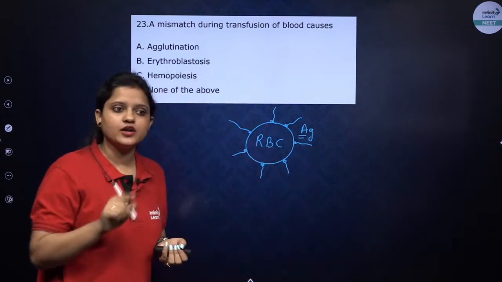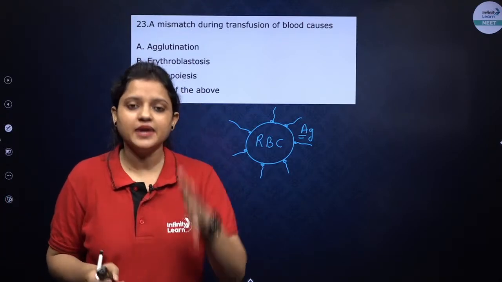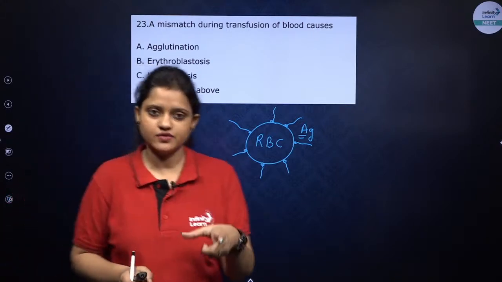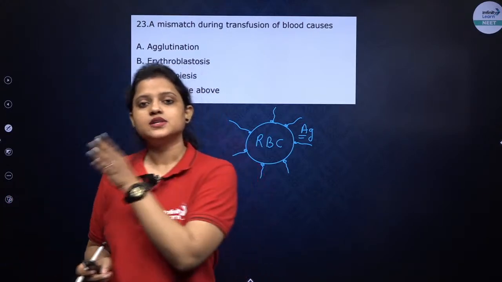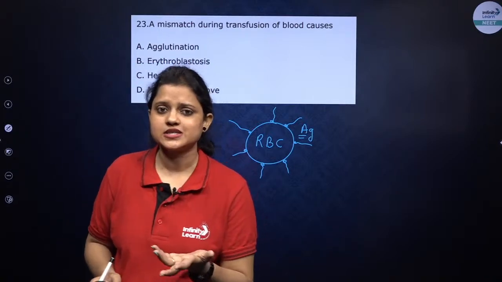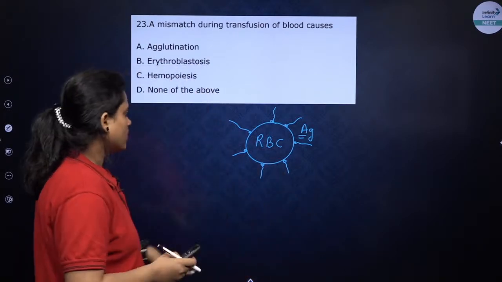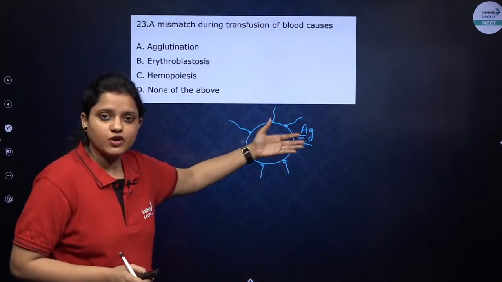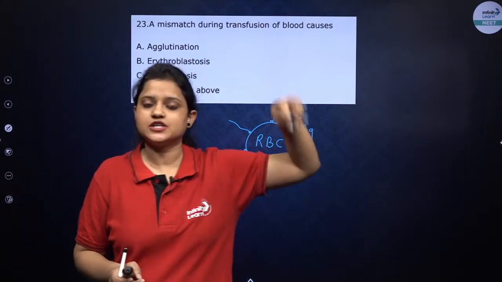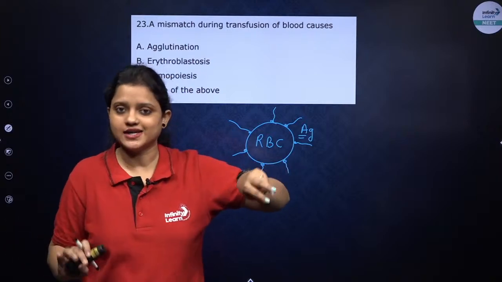We know if the blood group is B positive, that means B antigen will be present on the surface of RBC of that individual, and the plasma will have antibodies. Which antibodies? A or alpha, right? So similarly, we also know if an individual is having AB blood group, both types of antigens will be present on the surface of RBC and plasma will not have any antibodies.